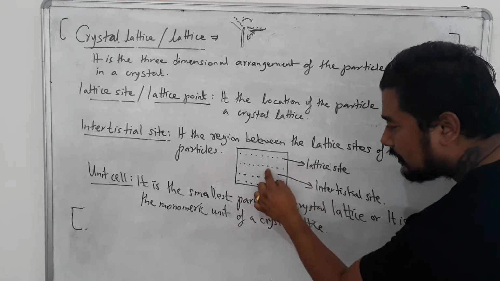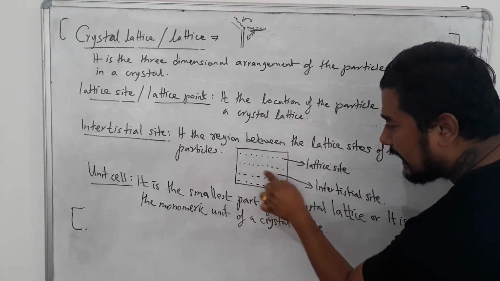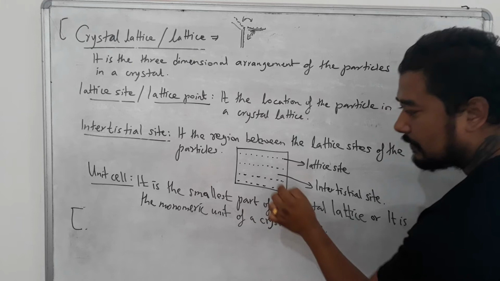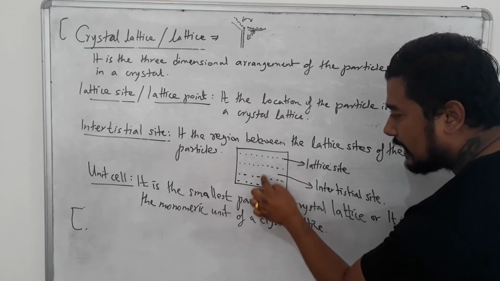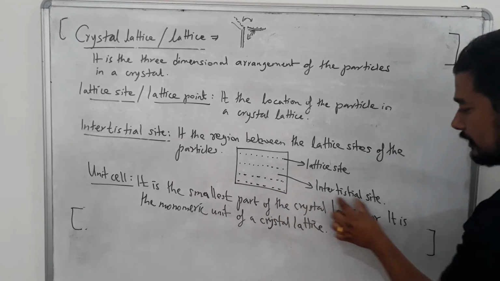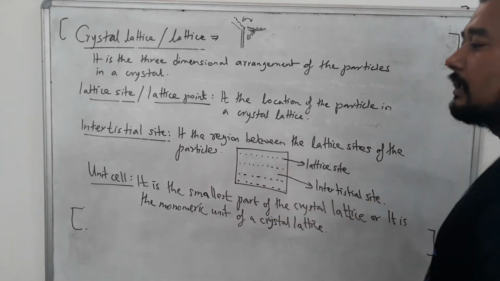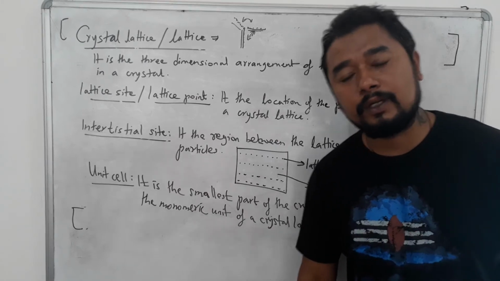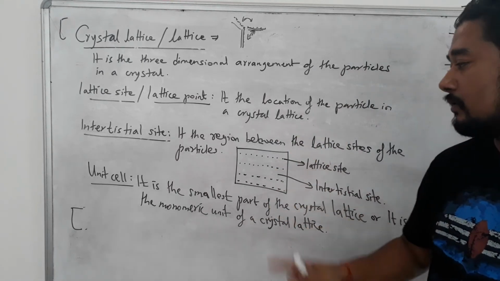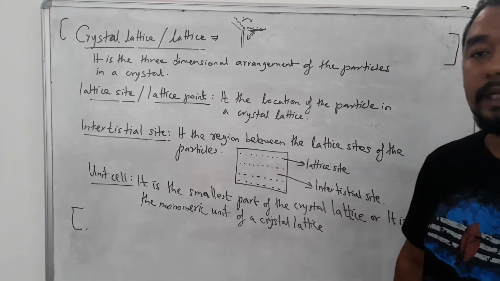And the gap between the two lattice sites is called this gap, this gap, this gap. You can see this is lattice site, lattice site, lattice site, and the gap region between the two lattice sites is called interstitial site. Okay, student. So do remember the location of the particle in a crystal lattice is called lattice site or lattice point, and a gap or a region between those two is called interstitial site.